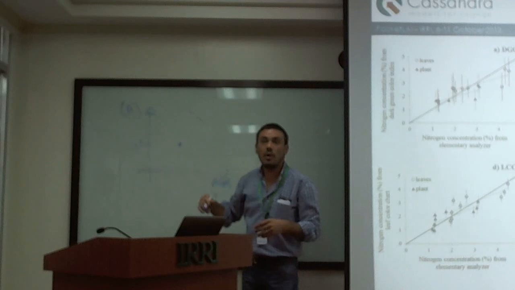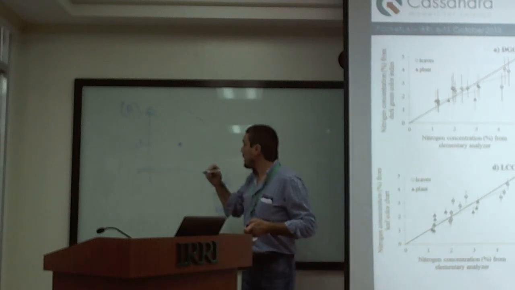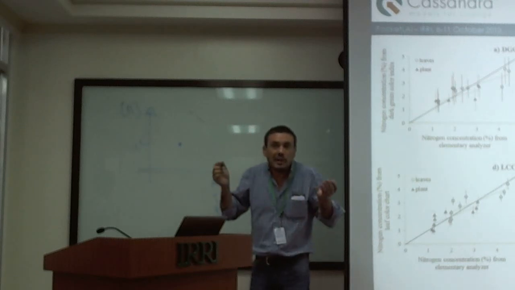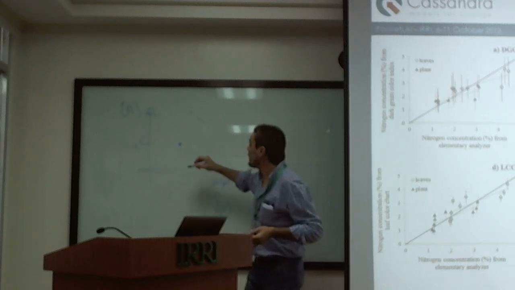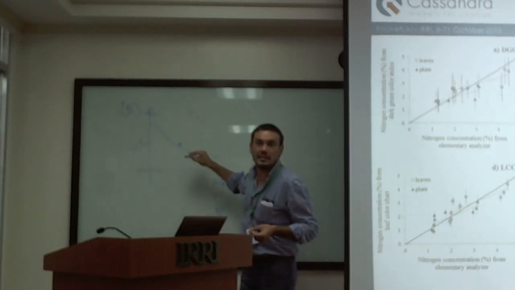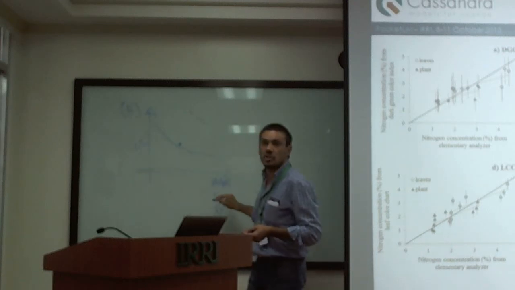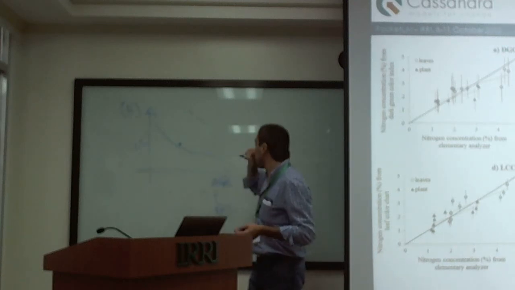The plant can be well supplied with nitrogen or not, and so usually in modeling activities, there are these curves that reproduce the critical nitrogen concentration according to the development stage or according to above-ground biomass and so on.